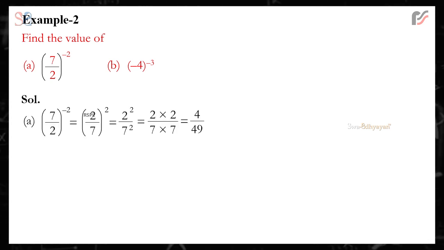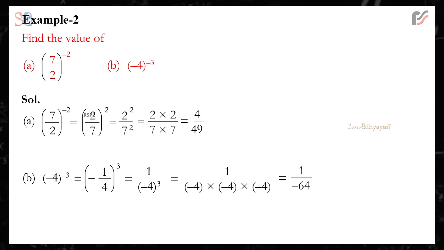A. (7/2)^(-2) is equal to (2/7)^2, which is equal to 2^2/7^2, which is equal to (2×2)/(7×7), which is equal to 4/49. B. (-4)^(-3) is equal to 1/(-4)^3, which is equal to 1/((-4)×(-4)×(-4)), which is equal to 1/(-64).